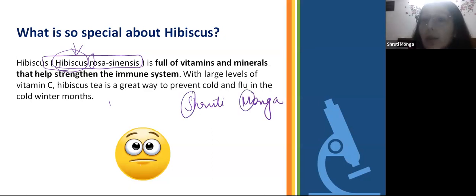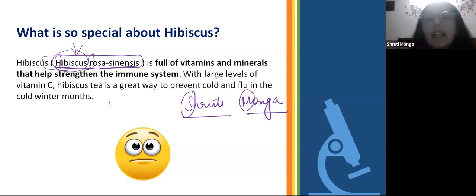But when we are writing scientific names, the first word will start with a capital letter, but the rest of the words will all be in small letters. And either you write the entire scientific name in italics, or if you are not writing in italics, you need to underline both the first as well as the second word.